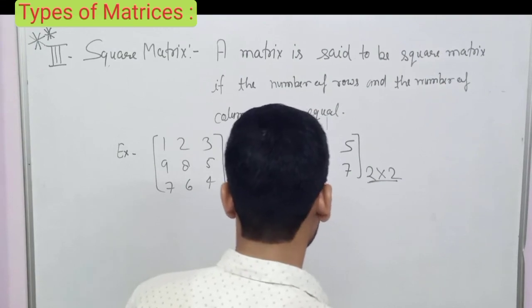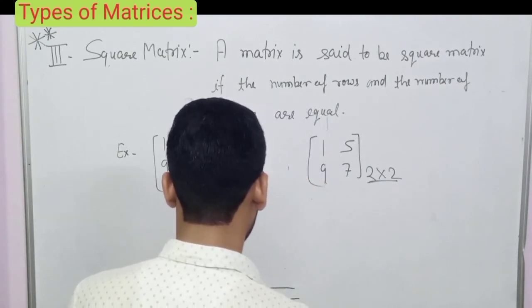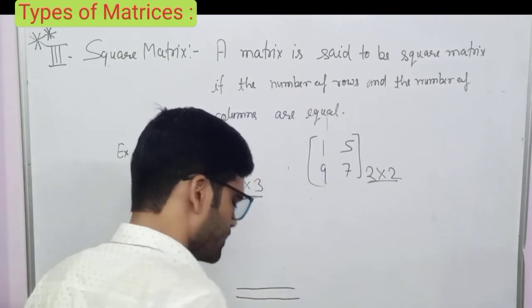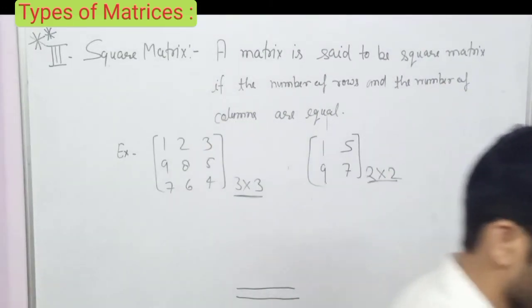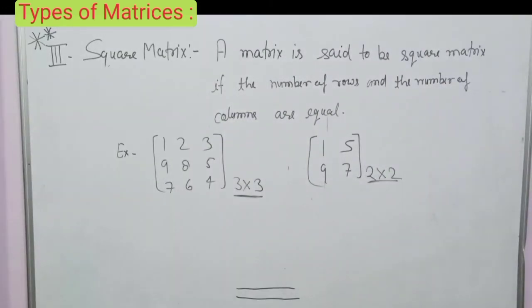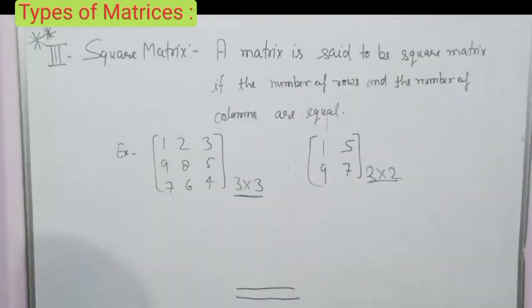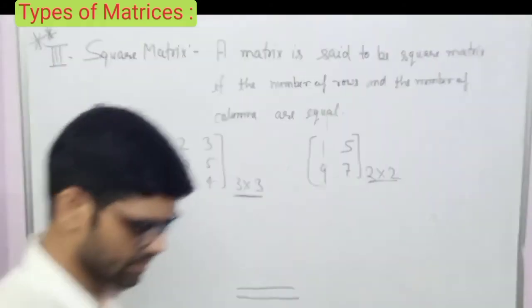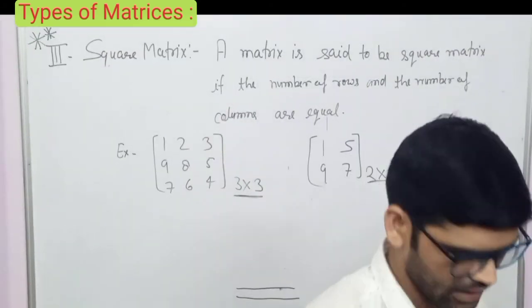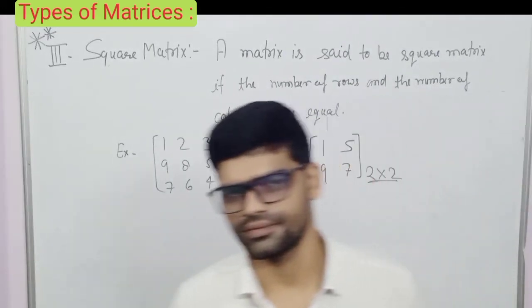Okay, so in this video we defined matrix with some examples, and we defined column matrix, row matrix and square matrix and their general representation.